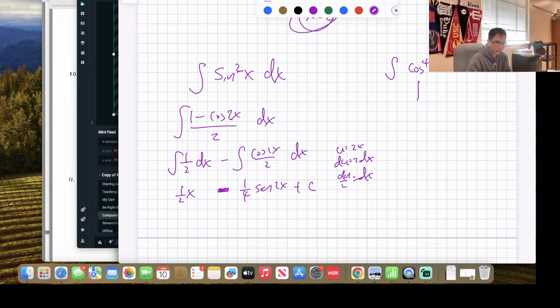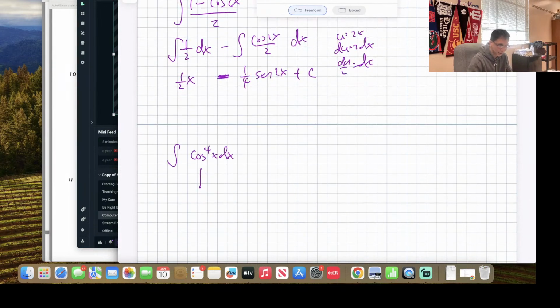Now, how do we integrate cosine to the fourth x? Again, all even powers have something to do with power reducing. But the problem is that algebra is what makes people make mistakes, not calculus. The hardest thing is algebra. Let me write this down for you.